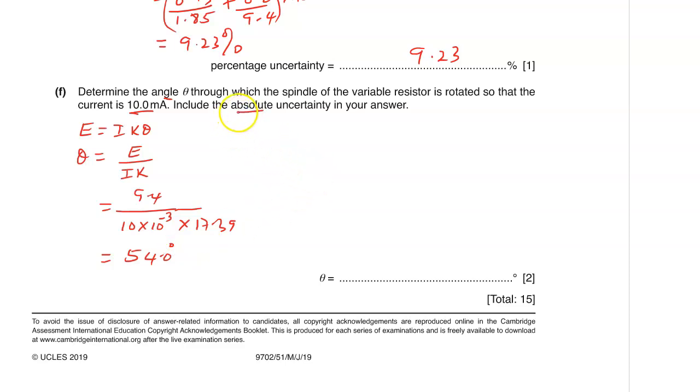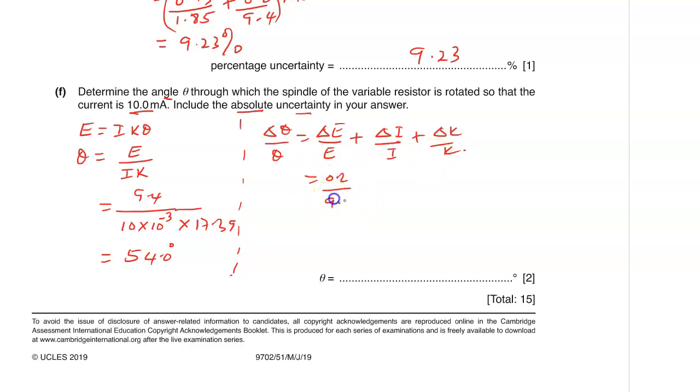So let's find the absolute uncertainty of the angle theta. So delta theta divided by theta is equal to the uncertainty of EMF divided by EMF, plus the uncertainty of current divided by current, plus the uncertainty of K divided by K. Of course, we found this one to be 0.2 divided by 9.4, plus the uncertainty of current is 0.1.